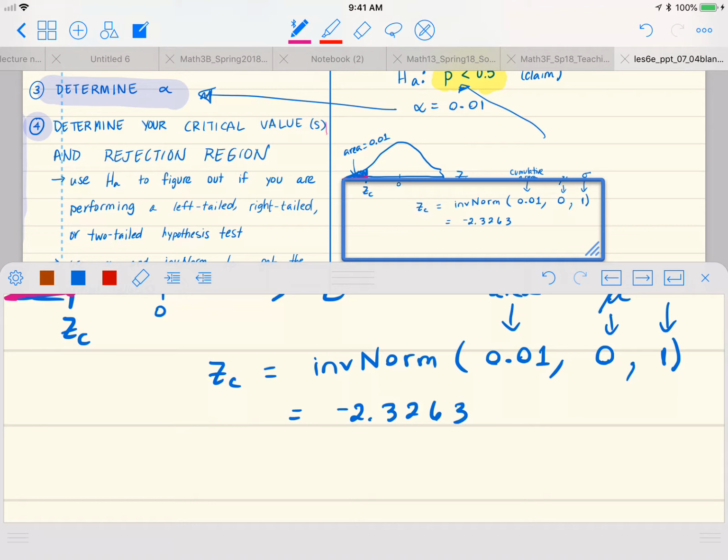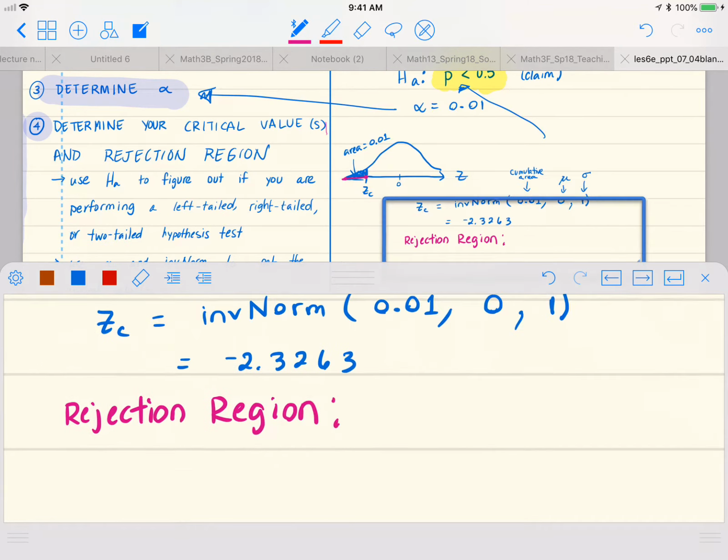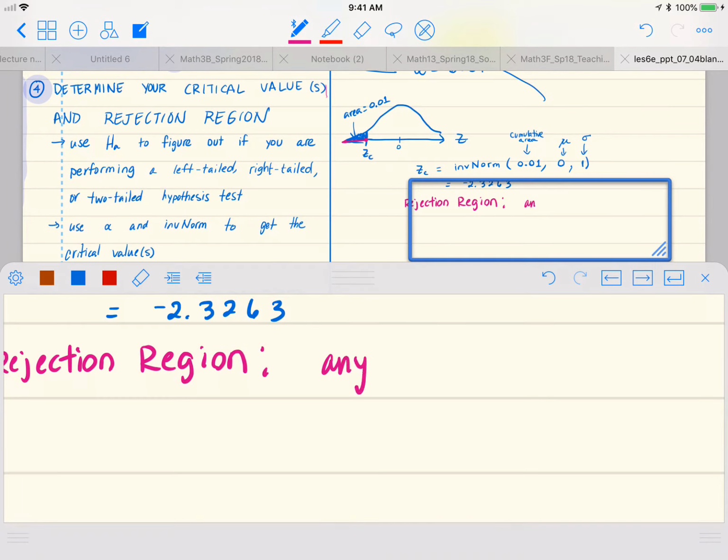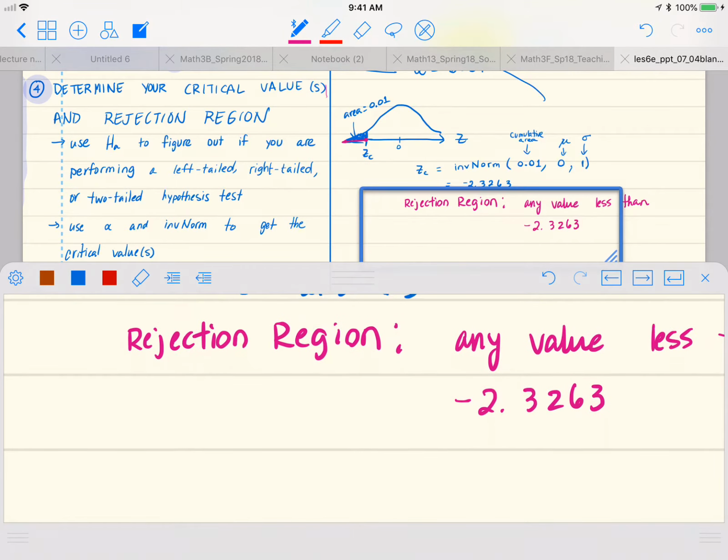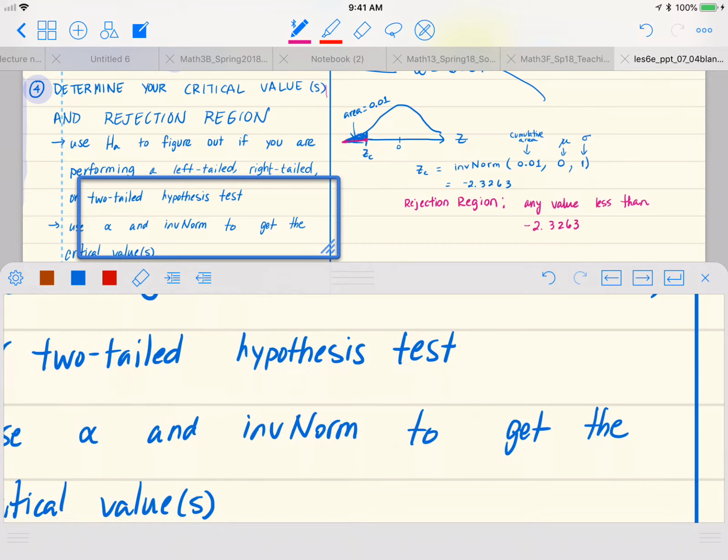So my rejection region is any value less than negative 2.3263. All right. So I've got my critical values and my rejection region.